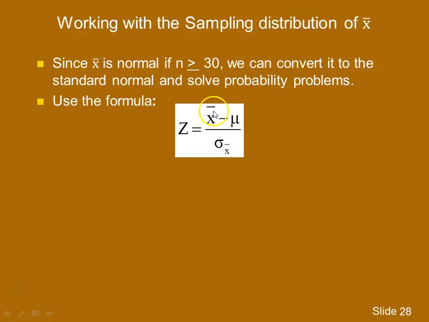So to convert x bar to z, you take x bar minus its mean, mu, over its standard deviation, sigma x bar, and note that that's sigma x bar, not sigma. And you can convert this to z and therefore answer probability problems. So let's do a couple sample probability problems and distribution problems.